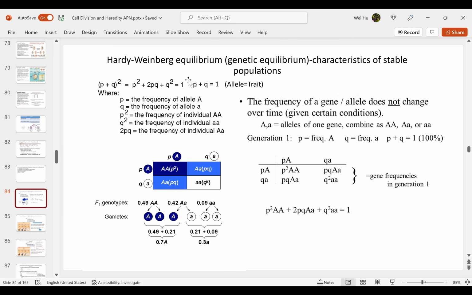You can square both sides, so now you get P squared plus 2PQ plus Q squared also equals 1. Mathematics is simple, right? Good.